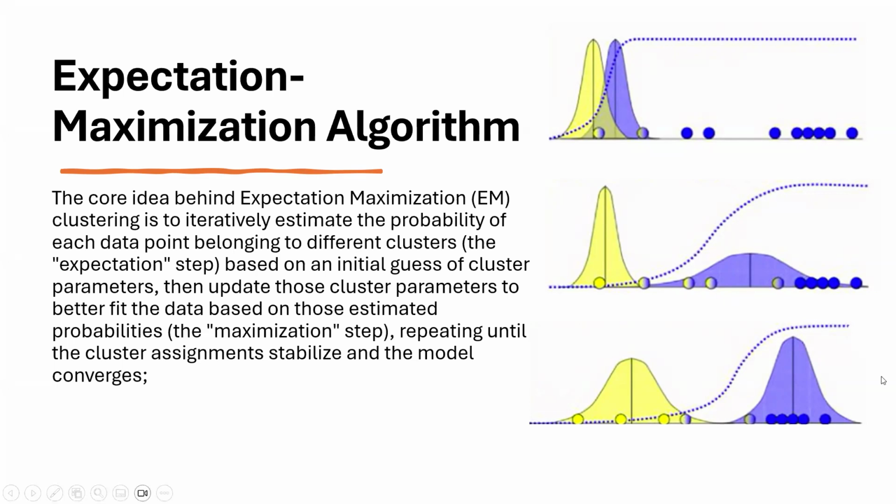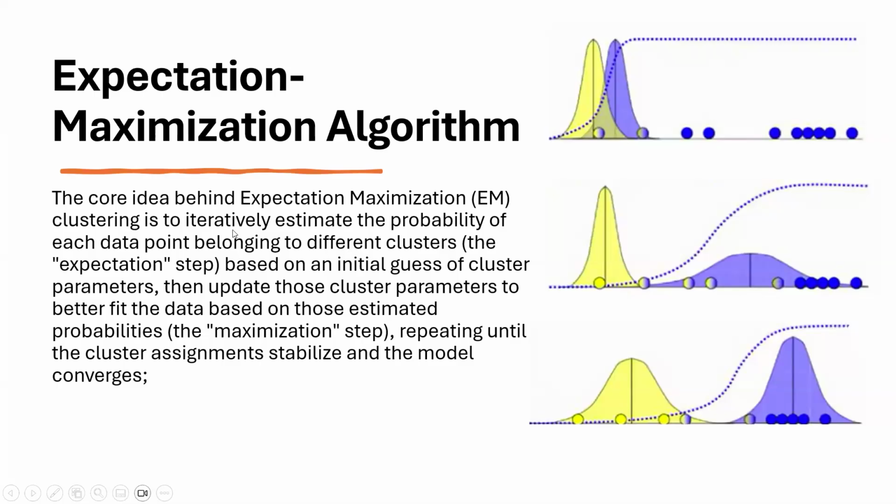The core idea behind this expectation maximization clustering is to iteratively estimate the probability of each data point belonging to different clusters. Similar to k-means clustering, where we iteratively updated the centroids and came up with the best clustering at the end where the values converged, similar steps will be followed for the EM algorithm as well.